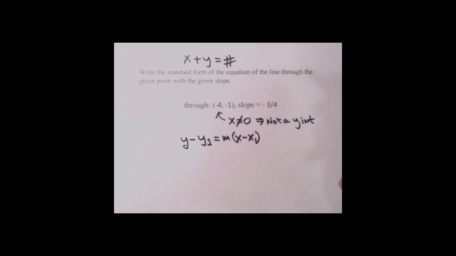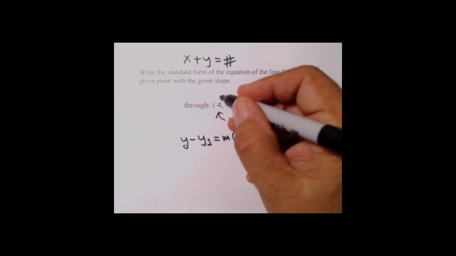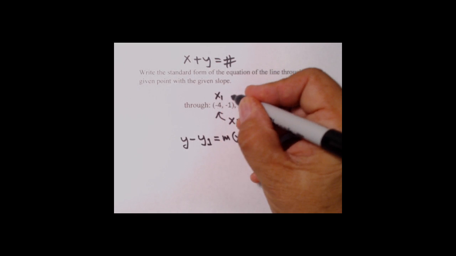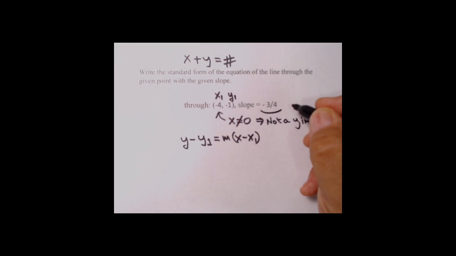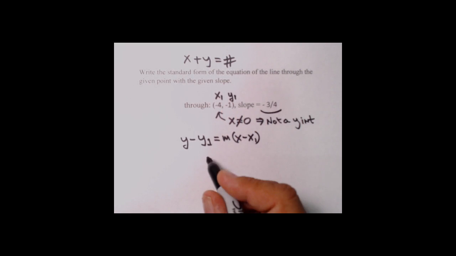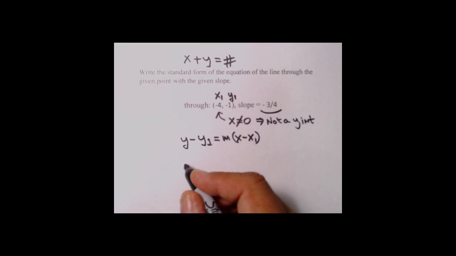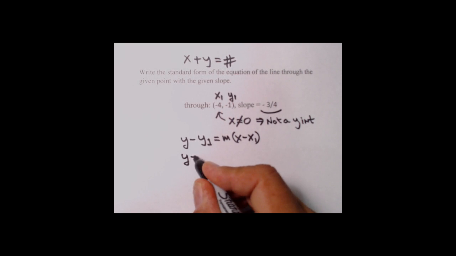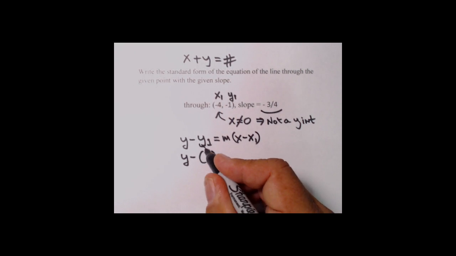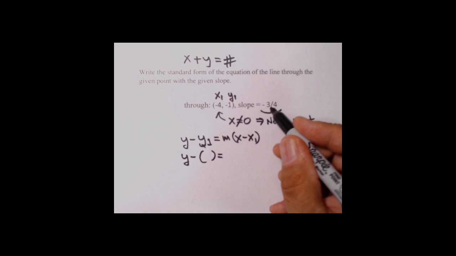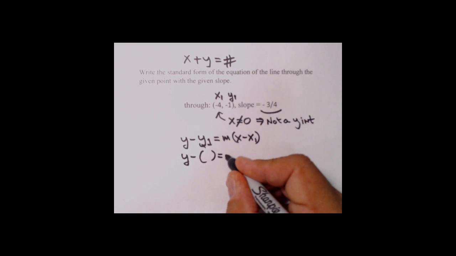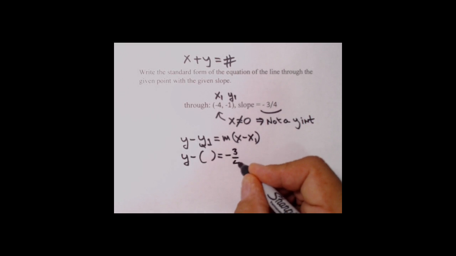Okay, well, let's get ourselves set. Remember, this is the x1 point and the y1 point, and here's our m right here. So now make the hole so we can substitute in here. Y minus, here's a hole for y1, equals m. Now, since the m is out in front, we can drop it down right now, and it's -3/4.